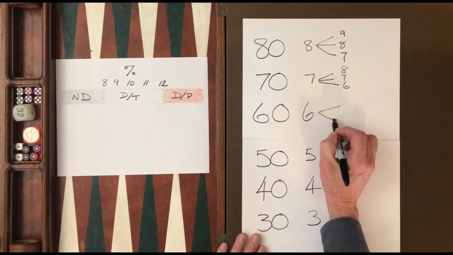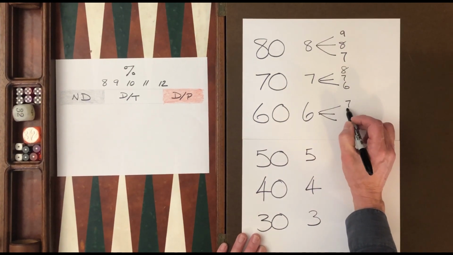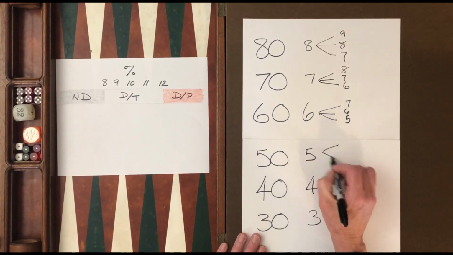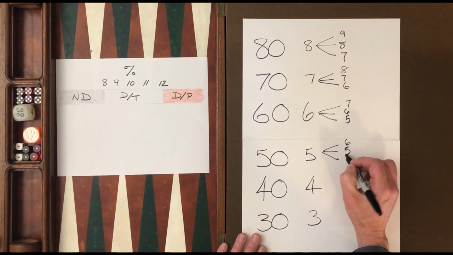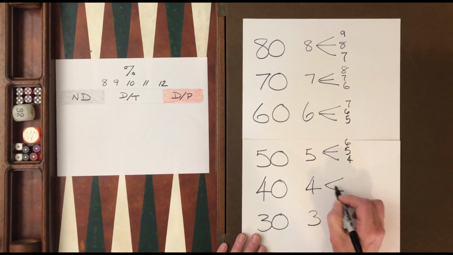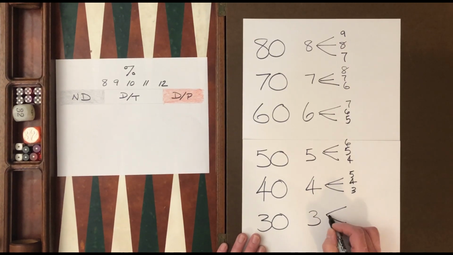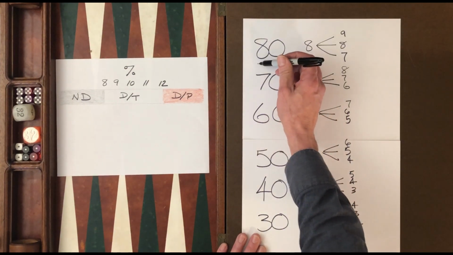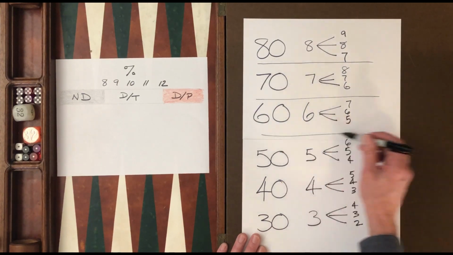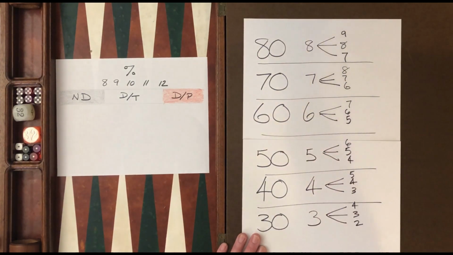Our numbers for 60 will be 7, 6, 5, and so on. 6, 5, 4. 5, 4, 3. And 4, 3, 2. And if our pip lead is one of these 3 numbers, it should be a double take. Let's go through some examples and see how this works.